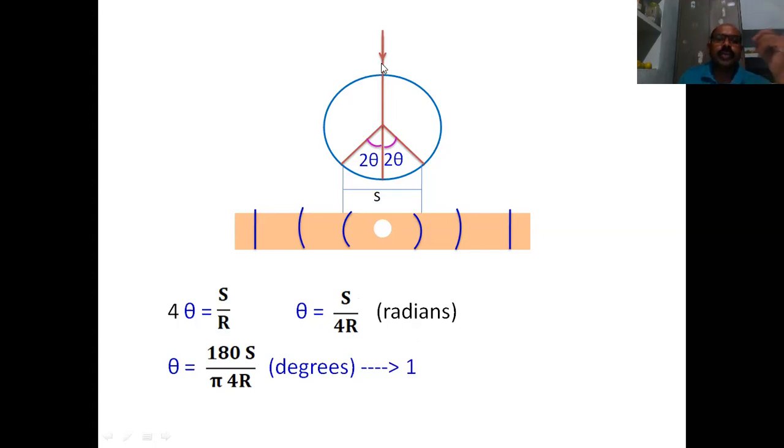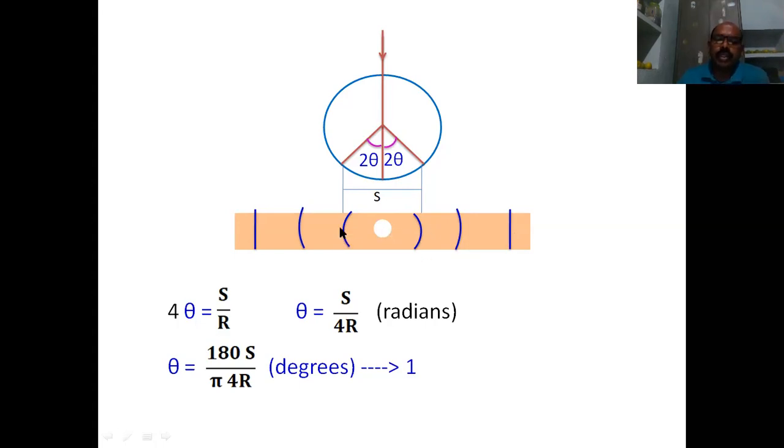In this experiment, we are using X-rays of known wavelength. We know the lambda value, and our Bragg's law is 2d sin theta equals n lambda. We know lambda, and the order of diffraction we also know. Then we calculate the theta value from the developed photographic film.